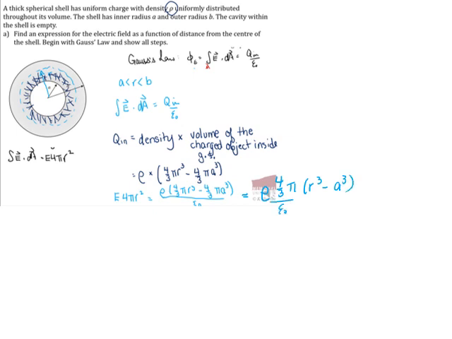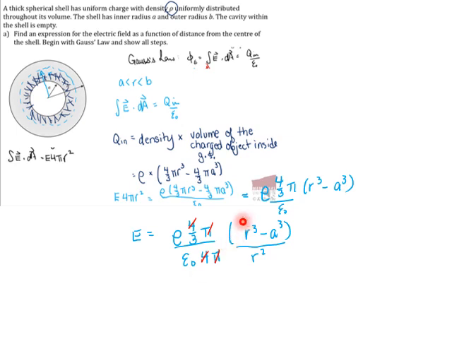Now I'll divide both sides by 4 pi r squared. So E is equal to rho times 4/3 pi divided by epsilon naught, and I'm going to divide my 4 pi here, and then I've got r cubed minus a cubed, and put my r squared over here. Let's see what cancels. 4 on top and bottom cancels. Pi cancels.